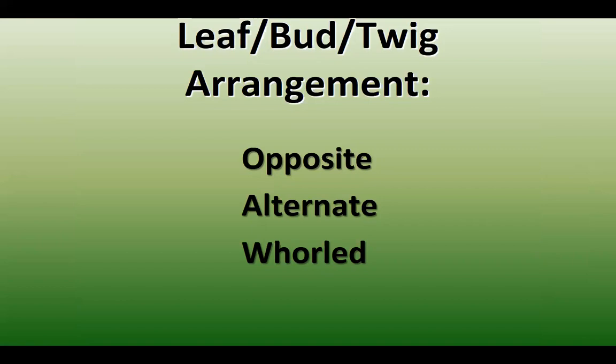There's also whorled, but that's very, very limited. The nice thing about opposite is that it's relatively limited. So if you find the opposite arrangement, then you know it's just one of a very small group, and you're going to identify what the tree is.